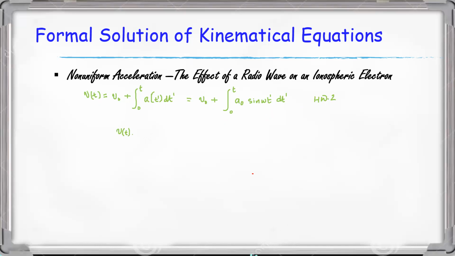We say that the motion takes place in the x direction, then x of t is equal to x0 plus integral 0 to t of v of t dash dt dash.